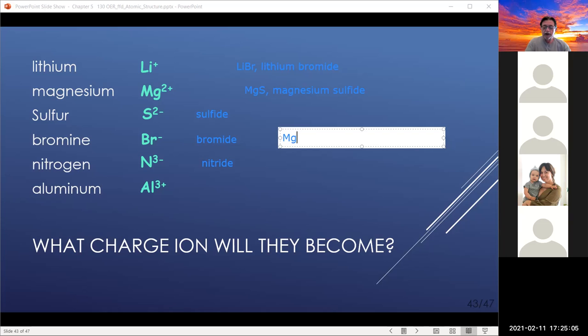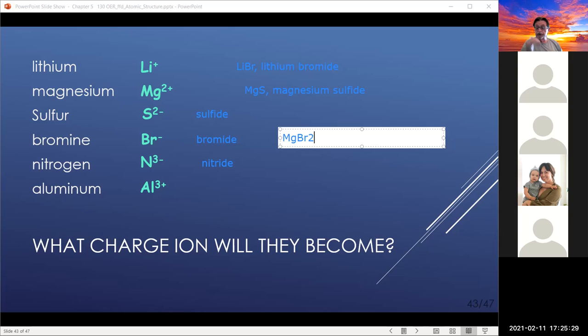I need 2. And this is where you put in a subscript. I can't write the subscript, but that's a subscript. The superscript I can do with my little caret. Guess what the name is? Magnesium bromide.